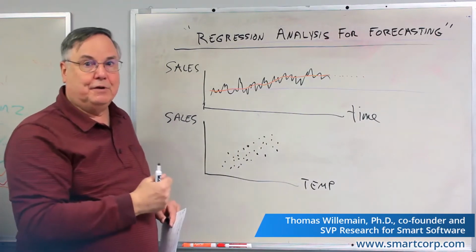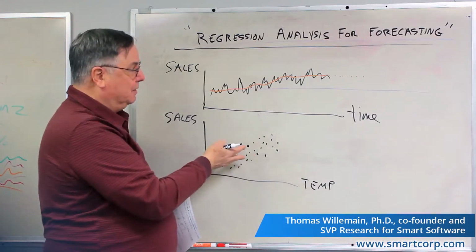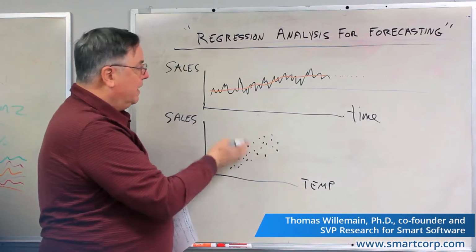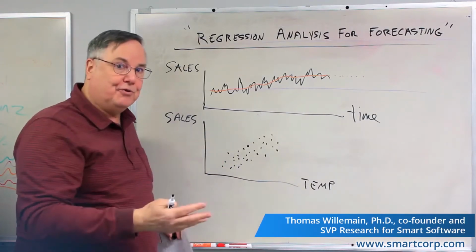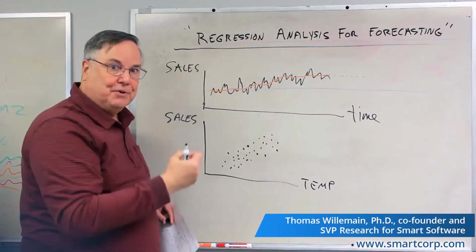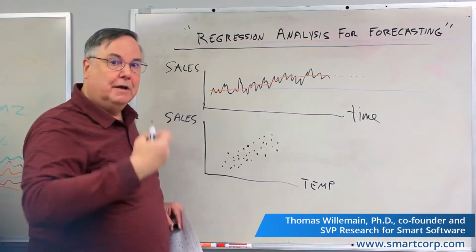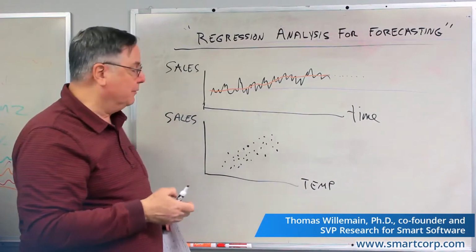Then you have leverage to use a regression model to seize this information and refine the forecast of sales, because besides all the forces in the universe that are affecting the level of sales, there's one in particular which may be powerful and knowable and exploitable. So that's the approach we take to regression analysis.